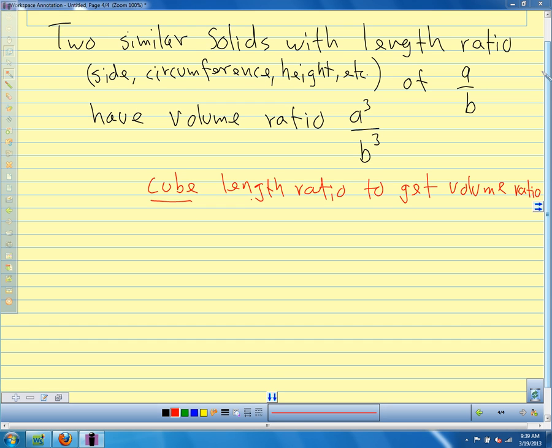So questions on what that rule is telling us? Okay, let's look at an example of that. So we have two spheres with radius 5 centimeters and 7 centimeters. We want to find the volume ratio.